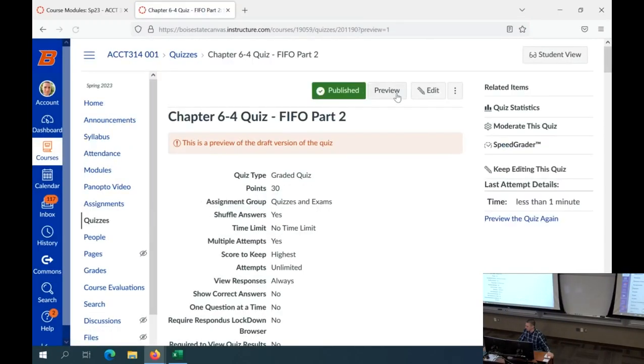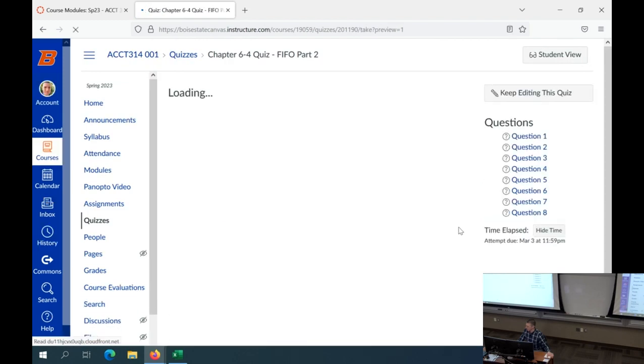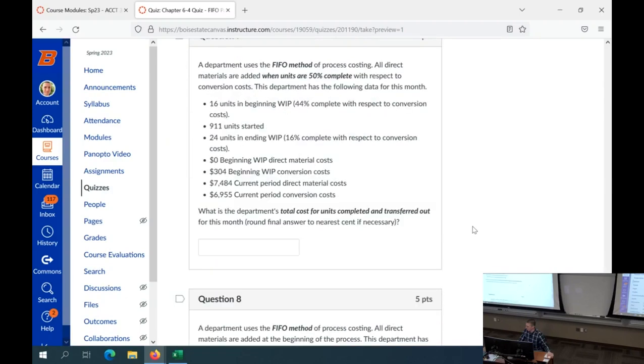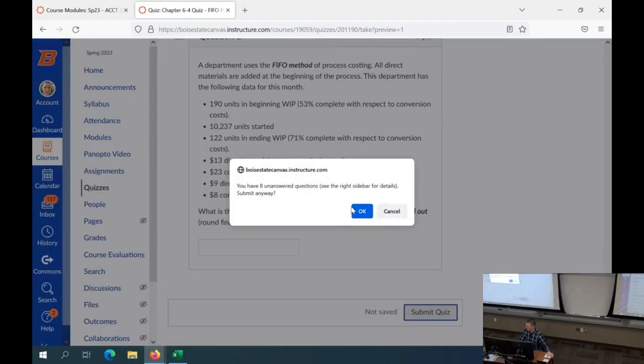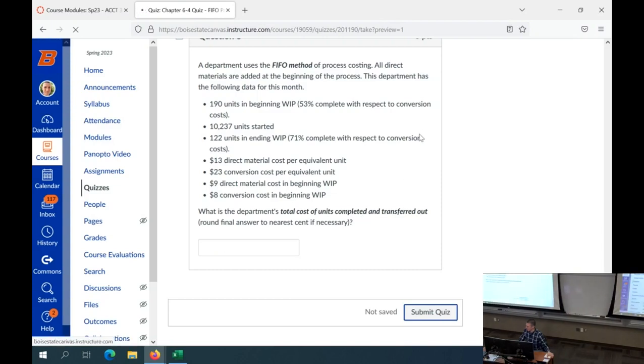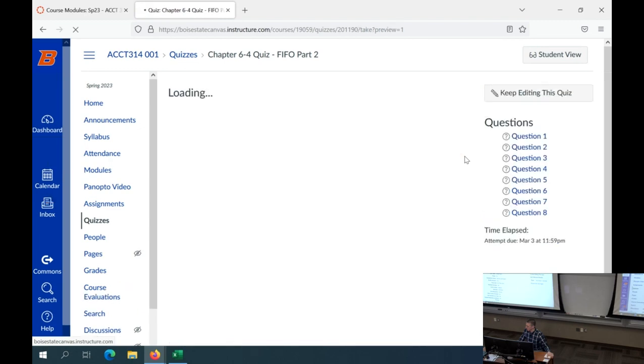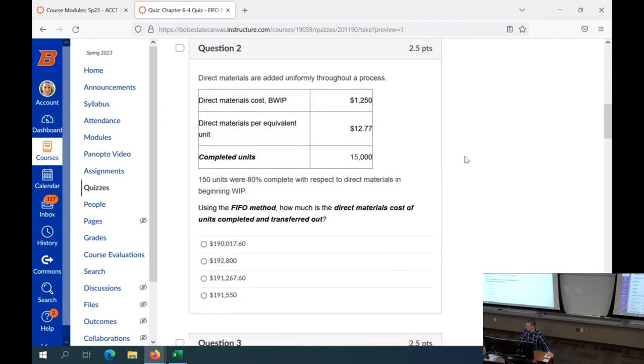Let's hunt for one and see if it fits the bill. Like this one? Does this one work, you think? Great. All right, so let's go through this whole problem here.